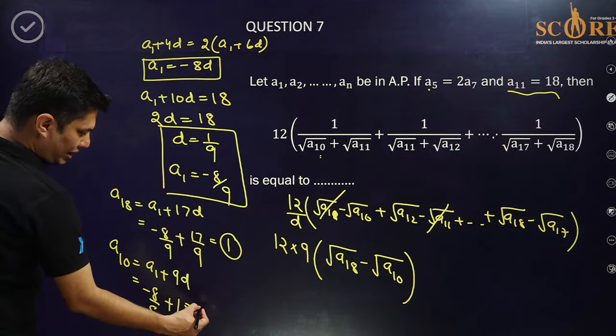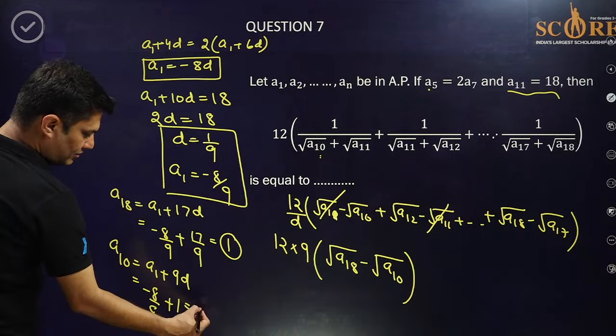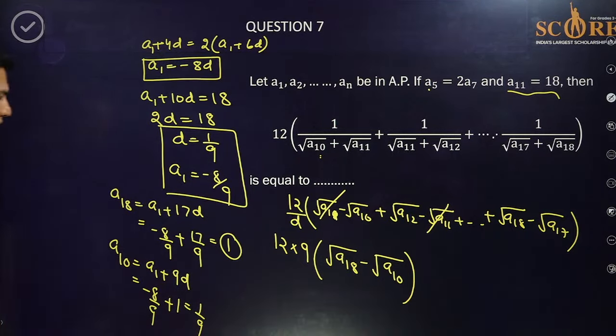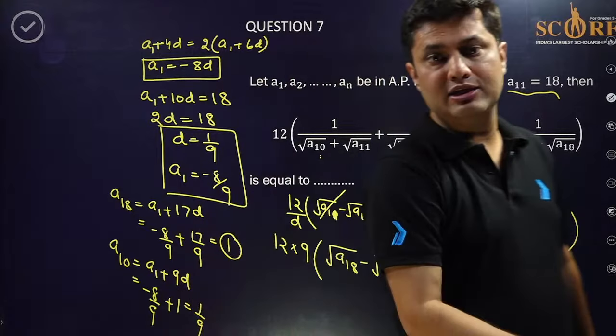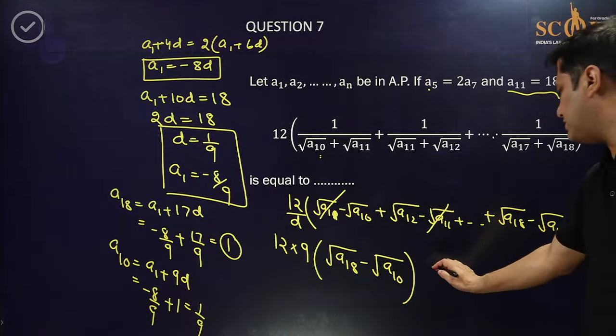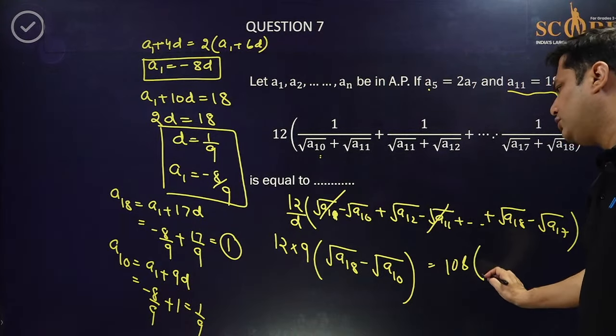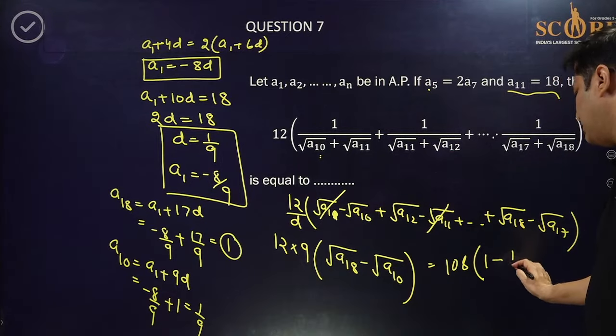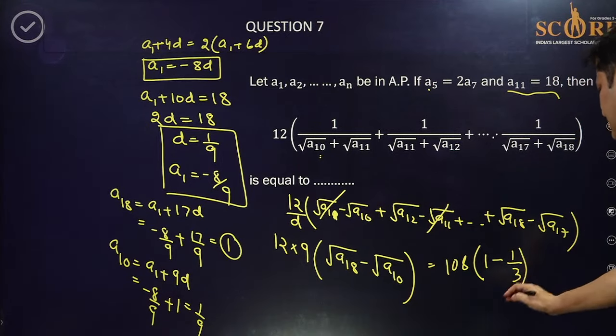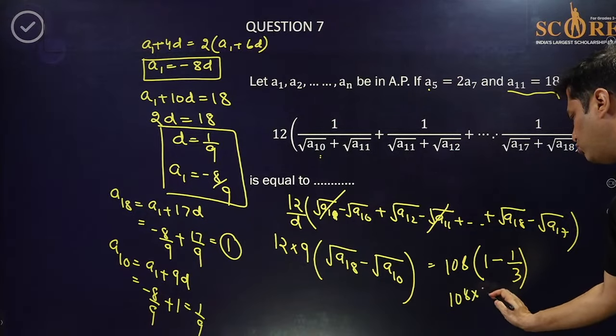So that is, I think, 1 by 9. So A10 is 1 by 9, A18 is 1. So the final answer is 108 into (root of A18 which is 1 minus root of A10 which is 1 by 9), that is 1 by 3. So answer is 1 by 8 into 2 by 3.